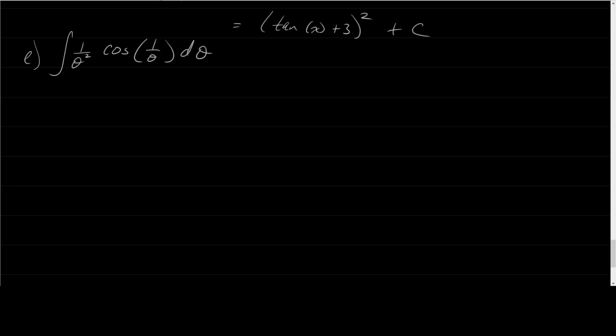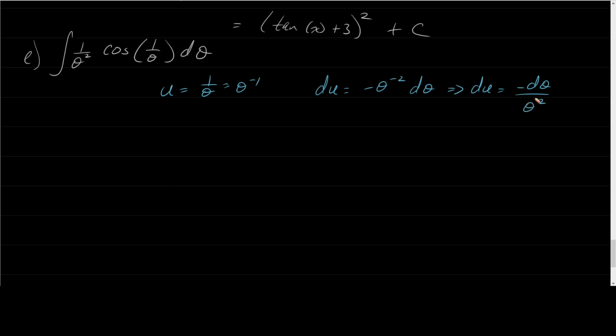So I'm going to start with letting u be equal to 1 over theta. Because then, well, that's really just theta to the negative 1, right? And then to figure out du, that's going to be negative theta to the negative 2 d theta. So in other words, du is negative d theta over theta squared.